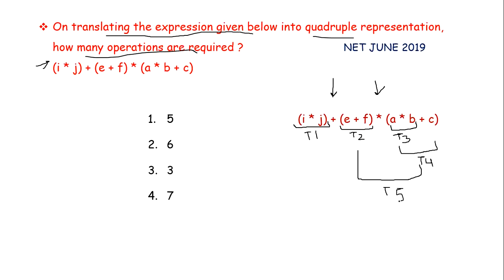So we will say T5 equals T2 into T4. Correct? And last will be our addition operation. That will be T1 plus T5. So it will be stored in T6. So this is our quadruple representation. So in total we will need 6 operations. So the right answer will be option 2, that is 6.